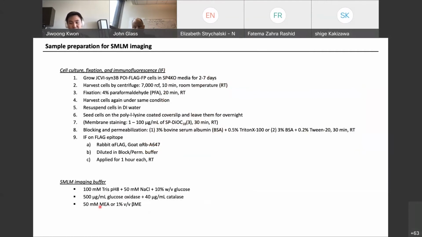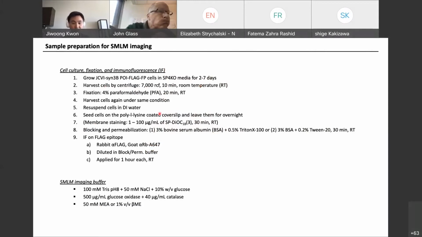Here I summarize the conditions for sample preparation and the SMLM imaging. Briefly, I grew the cells in SP4 knockout media for a few days based on the phenol red indicator. Harvesting of the cells was carried out by centrifugation under these conditions.